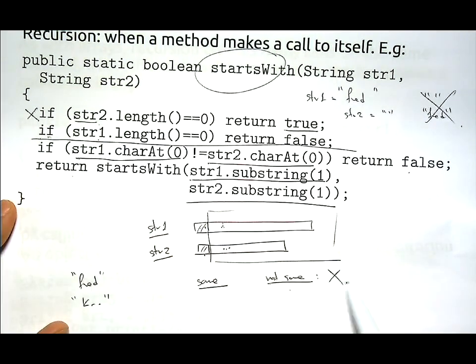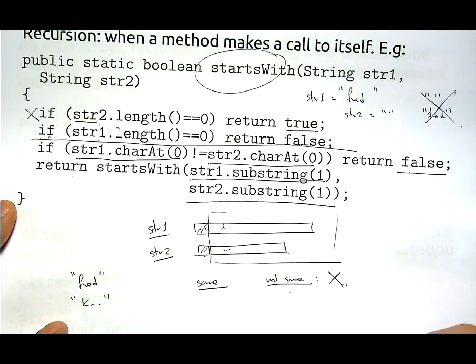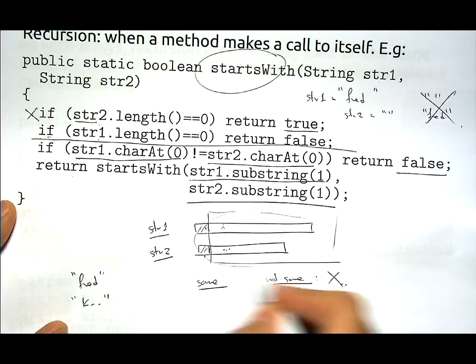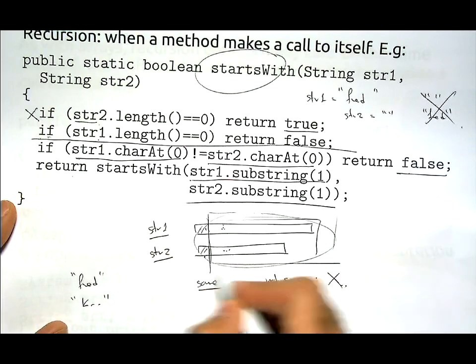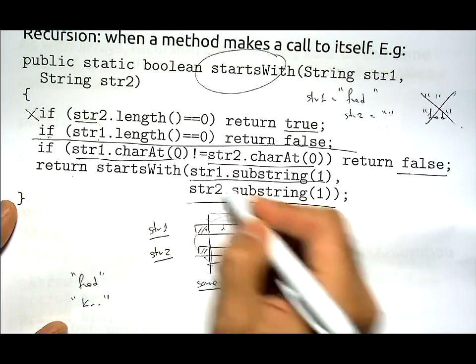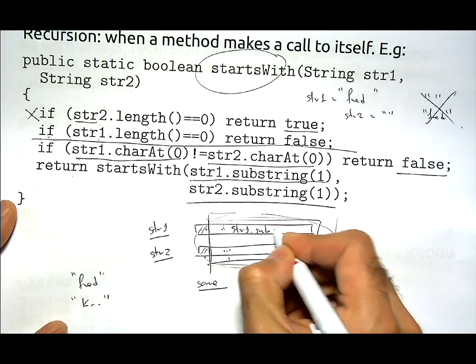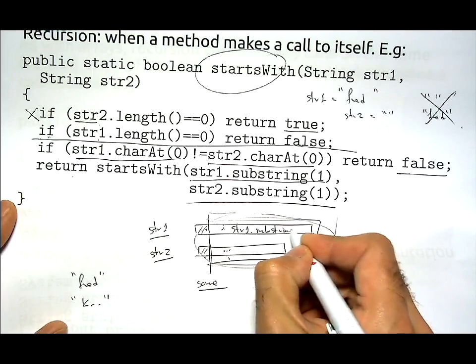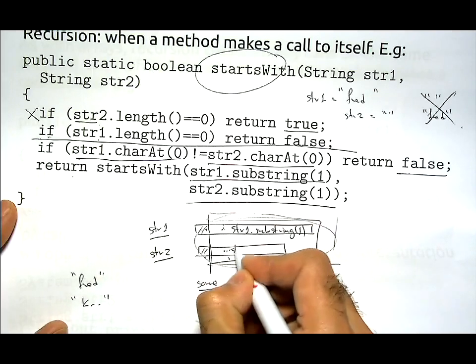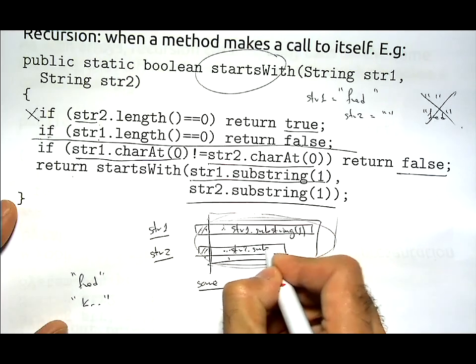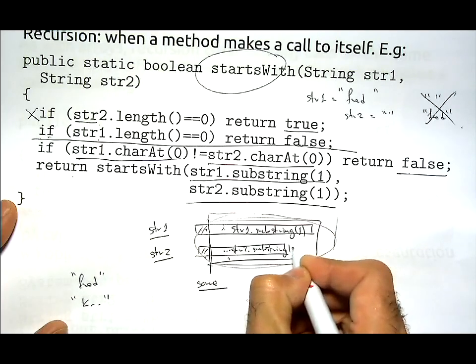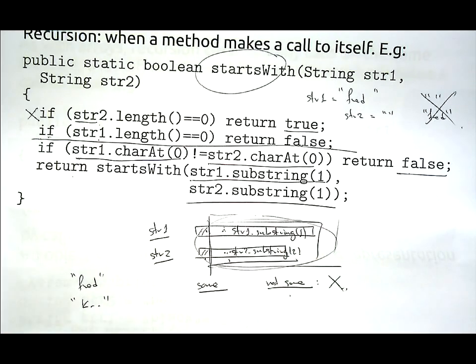If they are not the same, I say straight away return false. Otherwise, call again substring, starts with on these two guys, which is this one. So this is str1 substring 1, and this is str2 substring 2. Okay?